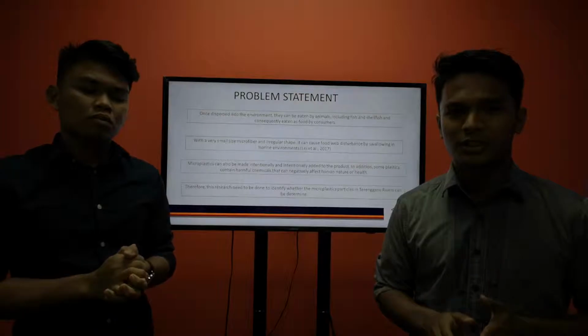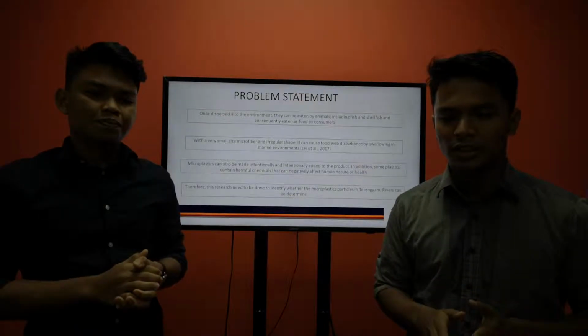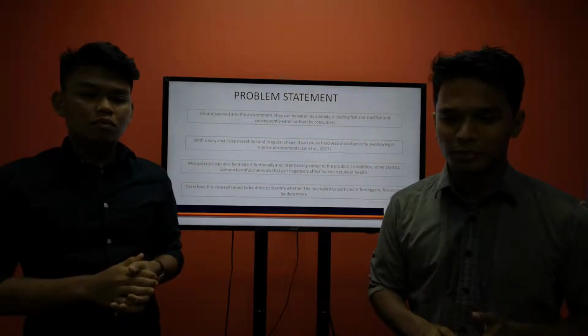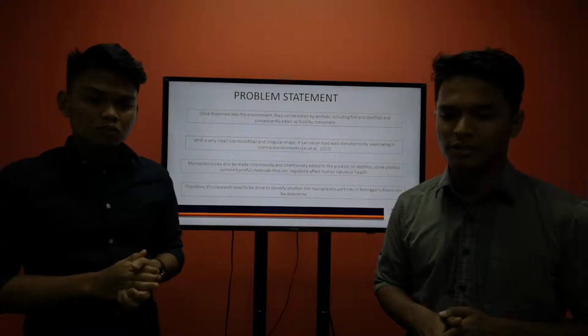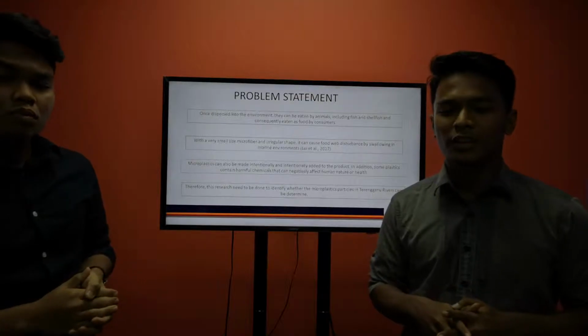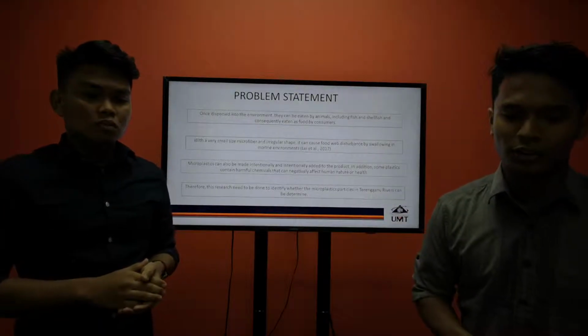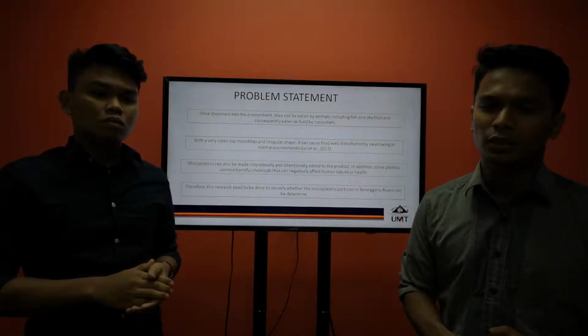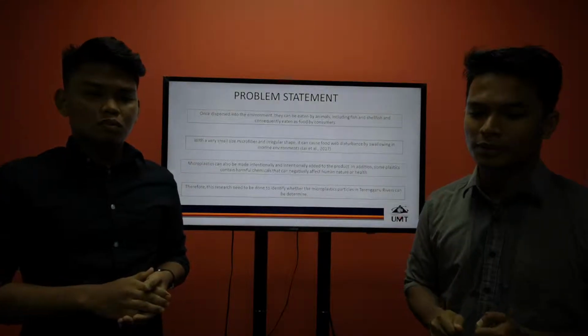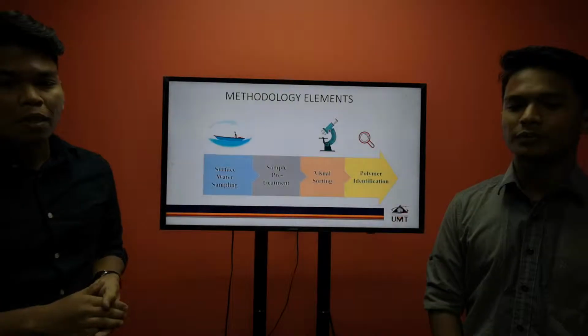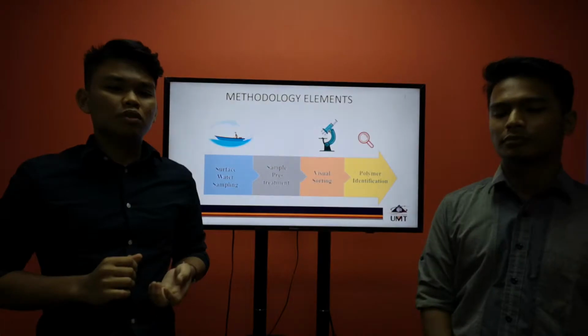Thirdly, microplastic can also be made intentionally and added to products. In addition, some plastics contain harmful chemicals that can negatively affect human health. Lastly, therefore, this research needs to be done to identify whether the microplastic particles in Terengganu rivers can be determined.